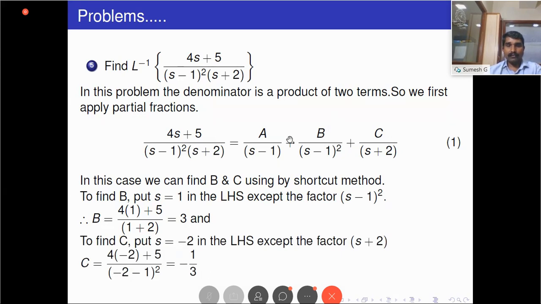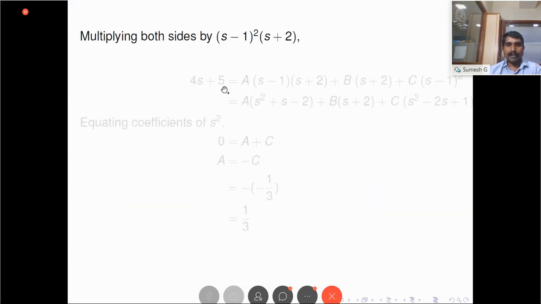We have to find the value of a also. To find the value of a, we have to apply the general method. For that, we have to multiply both sides by the denominator. We get 4s plus 5 is equal to a into (s minus 1) into (s plus 2) plus b into (s plus 2) plus c into (s minus 1) whole square.